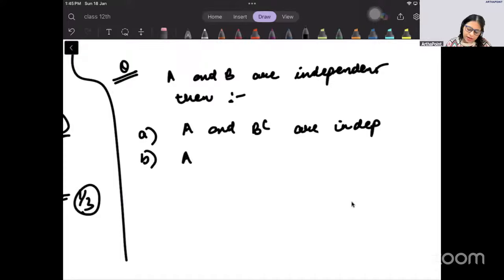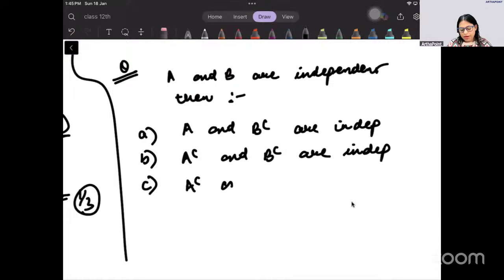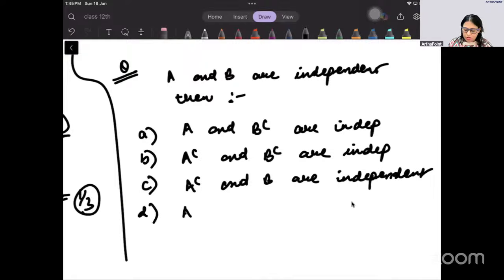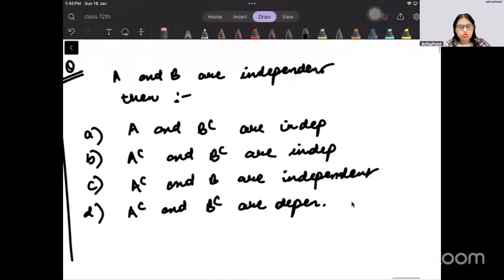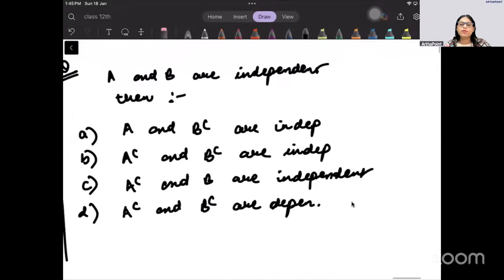Second, A complement and B complement are independent. Third, A complement and B are independent. Fourth, A complement and B complement are dependent. You have to tell me which statements are true and which of them are false.